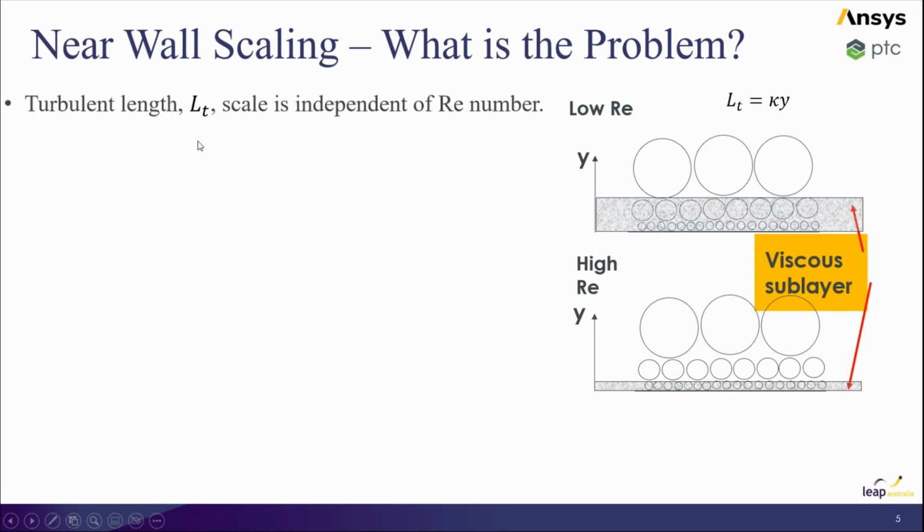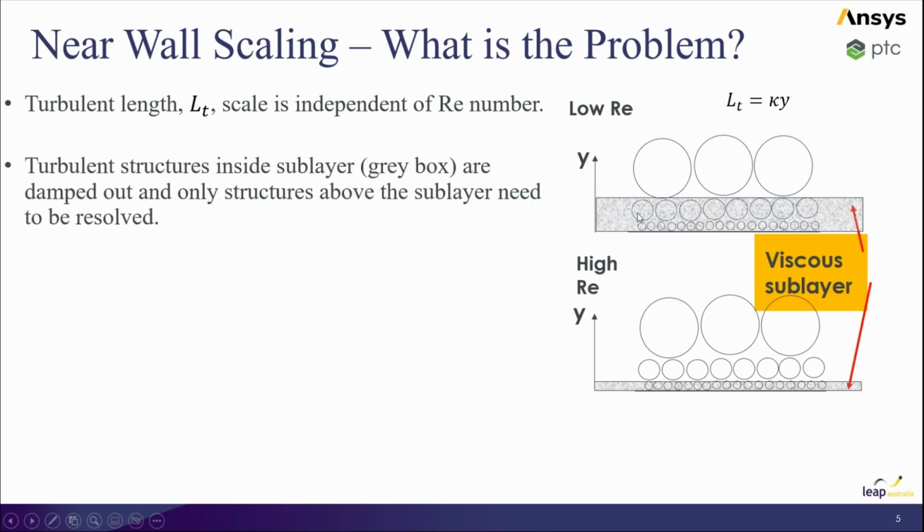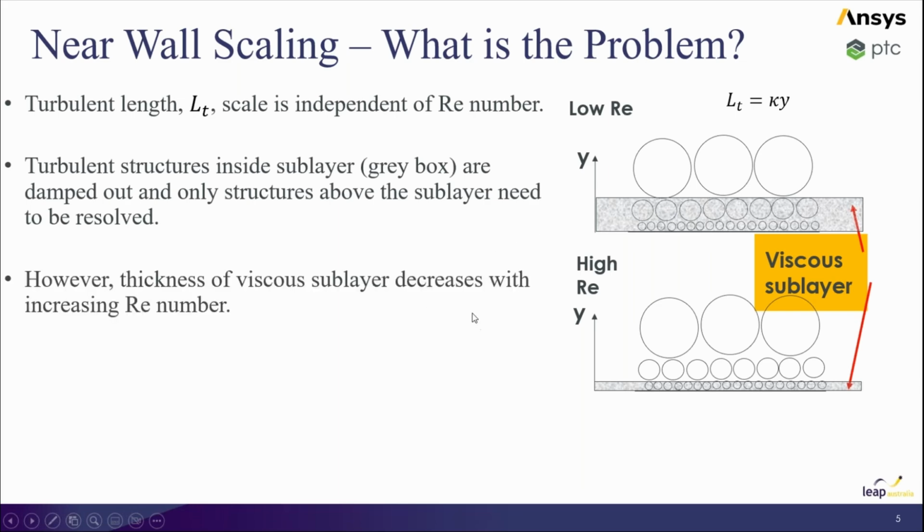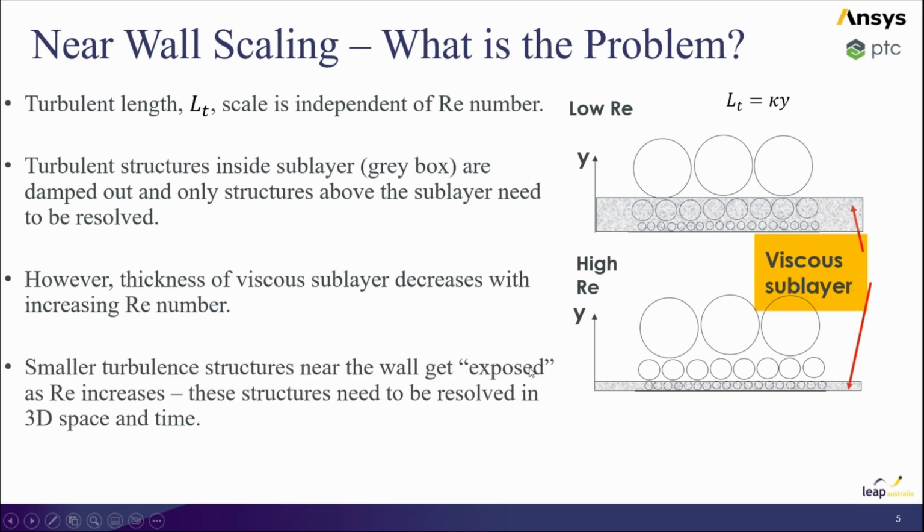So that's the problem. We've got a starting point of large eddies, but as we go down into this box, these are getting smaller and smaller. So the thickness goes down here, and we have more and more energy here in these eddies that we need to resolve.